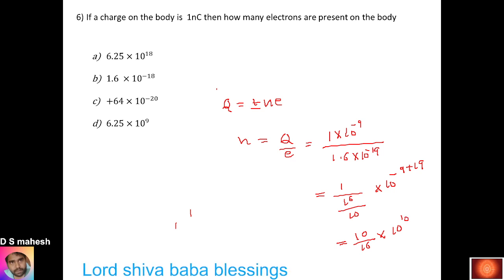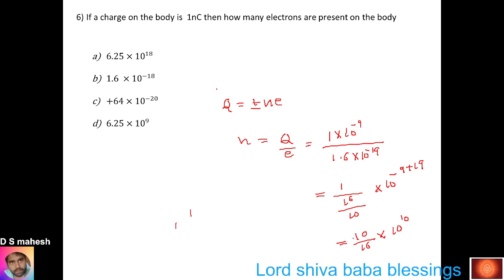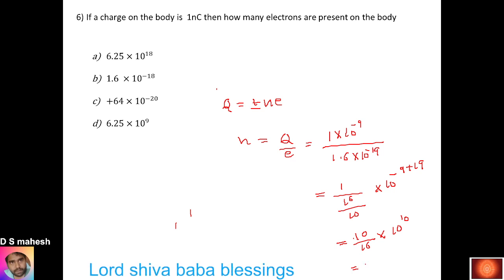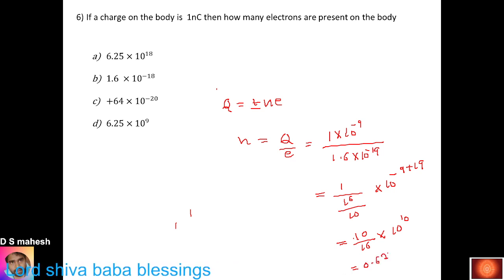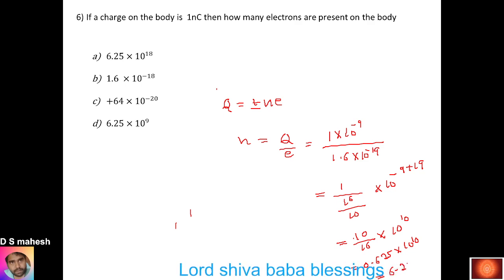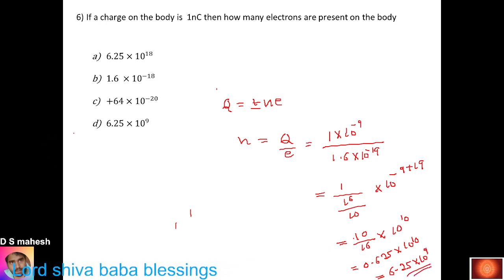So 10 by 16 becomes 5 by 8, that becomes 0.625 into 10 to the power of 10. So this can be written as 6.25 into 10 to the power of 9. So the option is 6.25 into 10 to the power of 9.